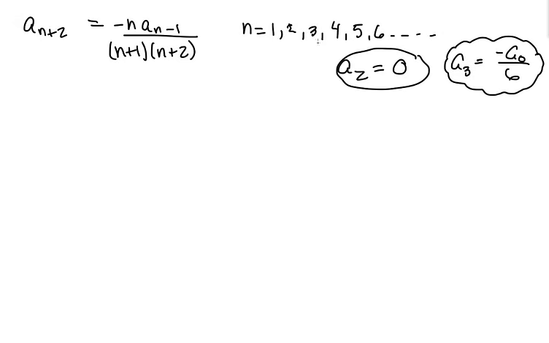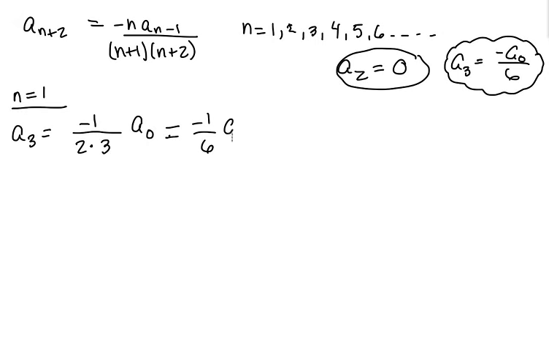Okay, so we already had that. Now let's put in values. So n equals 1. Wherever we see an n, we're going to put in a 1. So this is going to be a sub 3 equals negative 1 over 2 times 3, a sub 0. And then that's going to give us negative 1 over 6, a sub 0.